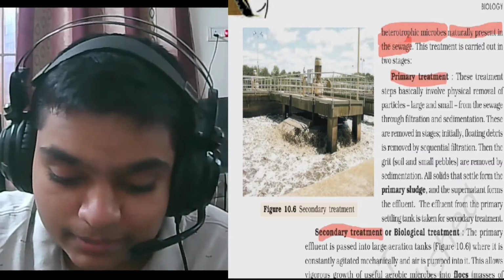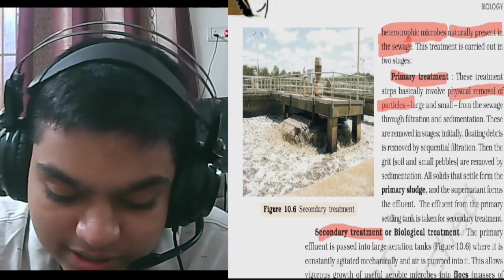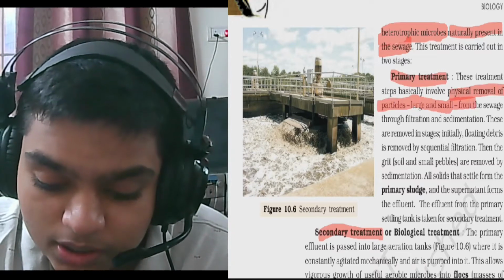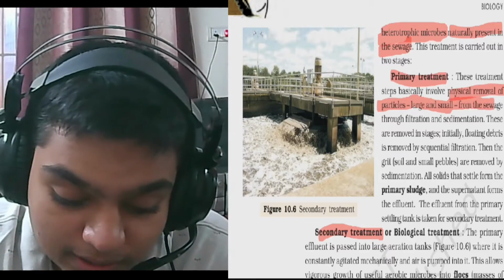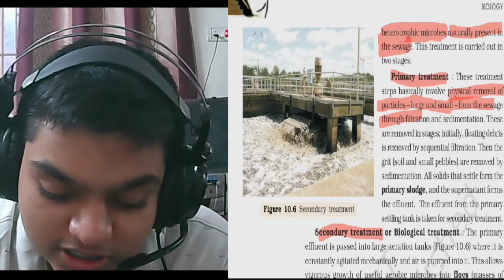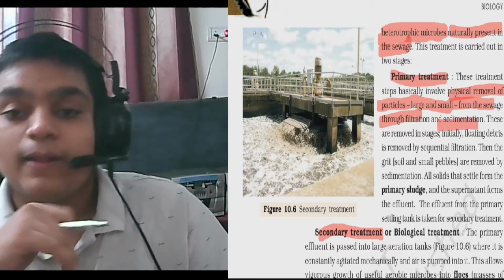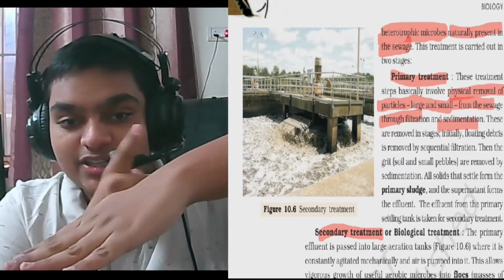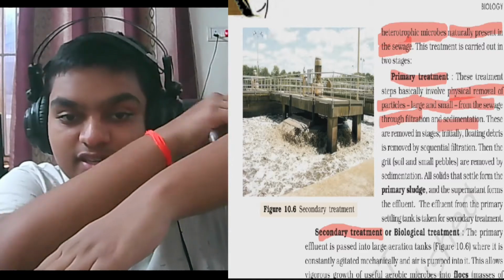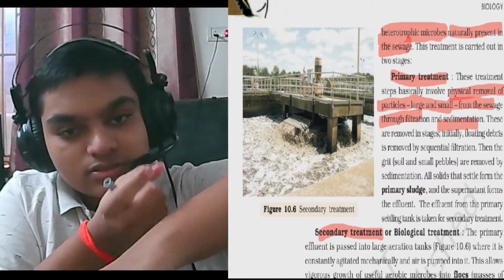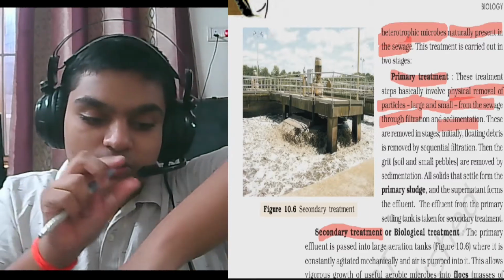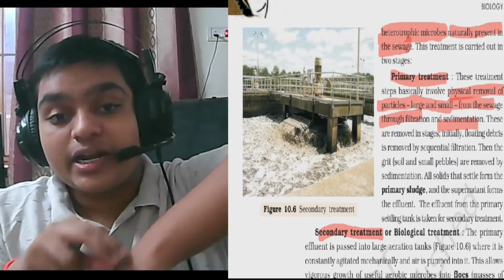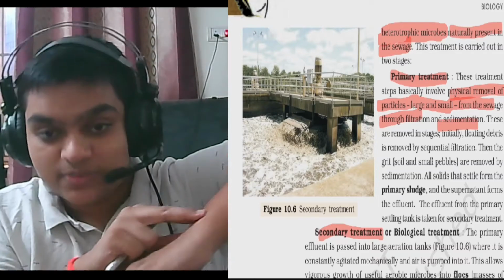In primary treatment, physical removal of particles, large and small sand particles, is done from the sewage through filtration and sedimentation. For filtration, you will have filters on the pipe, and when the sewage is rushing down, these filters stop the large particles.